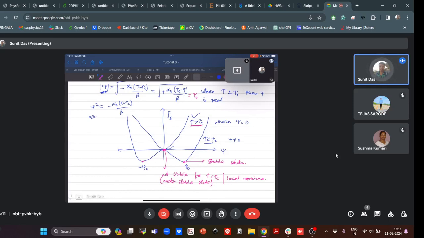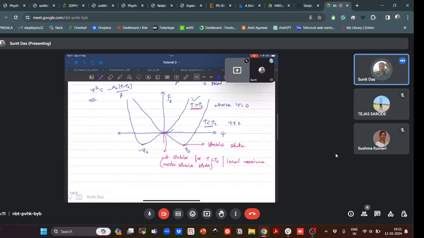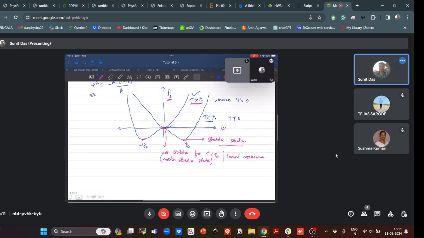As we go below the transition temperature, we have some finite, stable minimum for this fs function. That means there is a finite order parameter, which indicates that the system is in an ordered state of superconductivity.